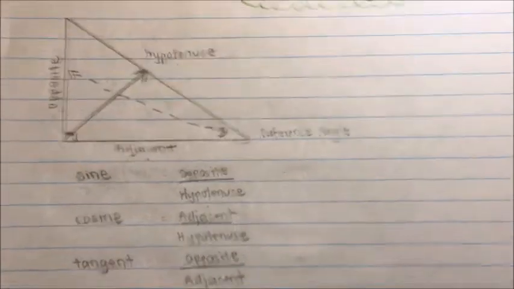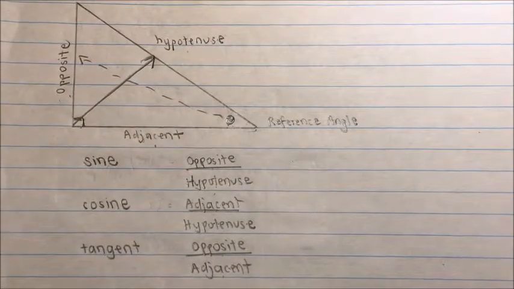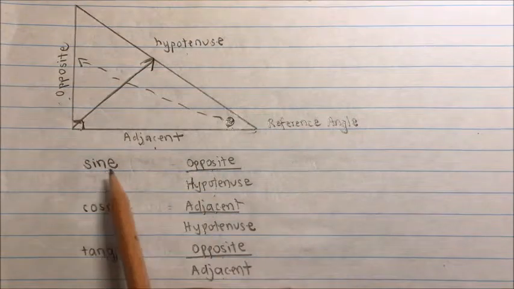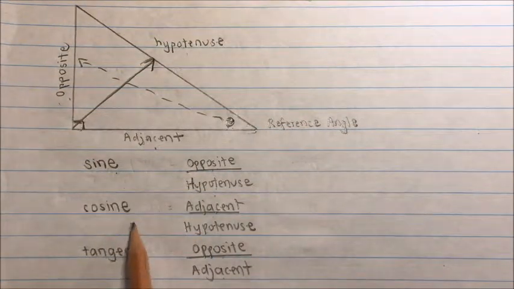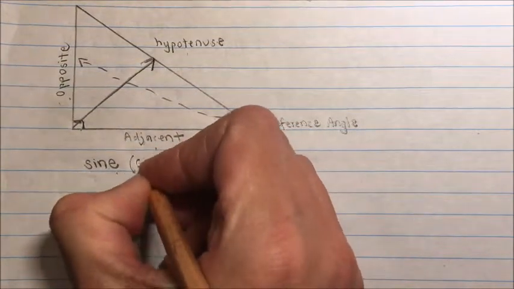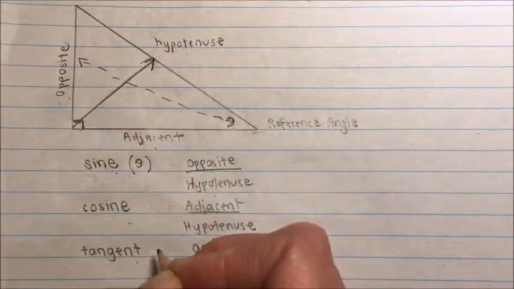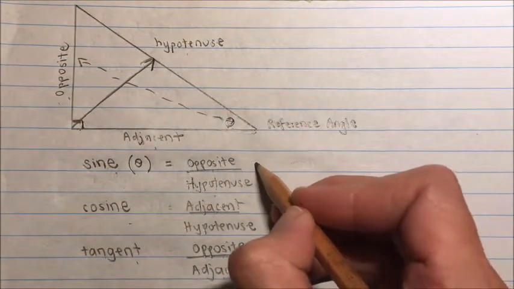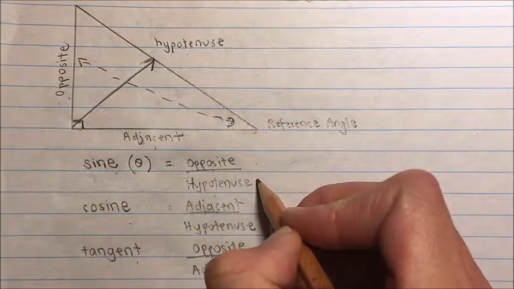Let's have a look at the nature of these relationships. I'm just going to move the camera down so you can see them all at the same time. Good, everything fits in. There are three main relationships, called sine, cosine, and tangent. The sine, in relation to my reference angle, is the relationship between the opposite and the hypotenuse.